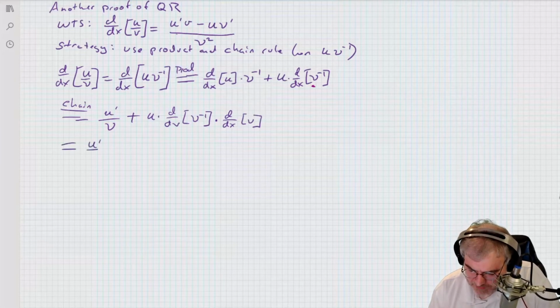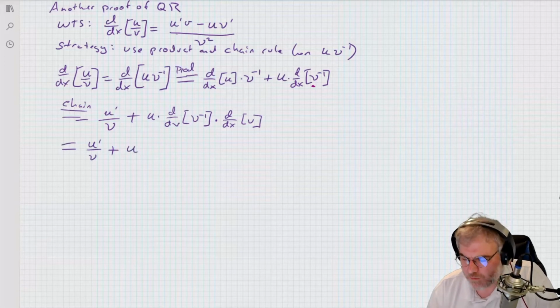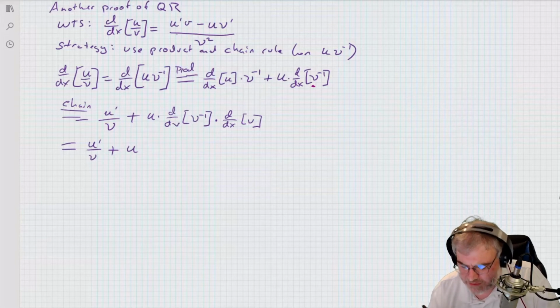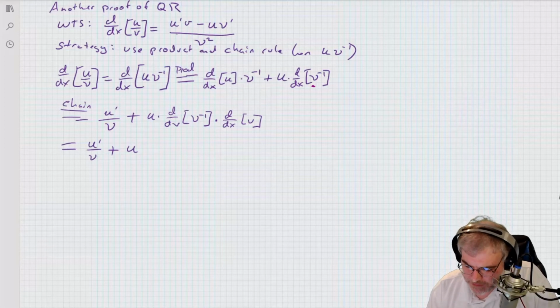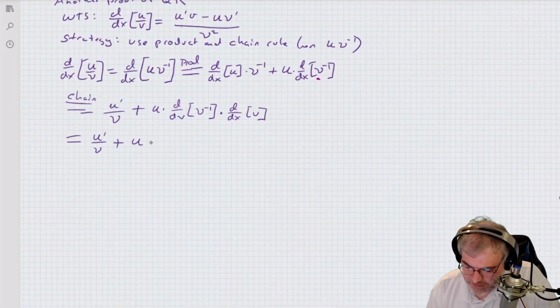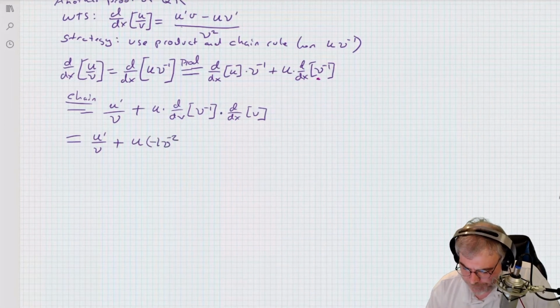So now I've got u prime over v plus u. Now I apply the power rule: the derivative of v to the negative 1 with respect to v is negative 1 v to the negative 2. And then I've got a dv over dx, which just becomes v prime.